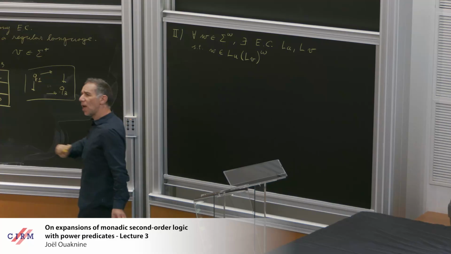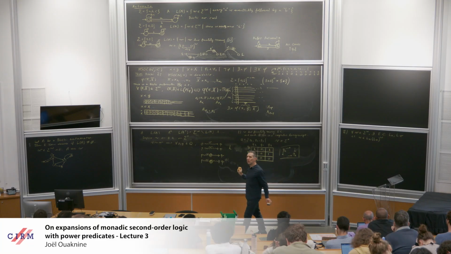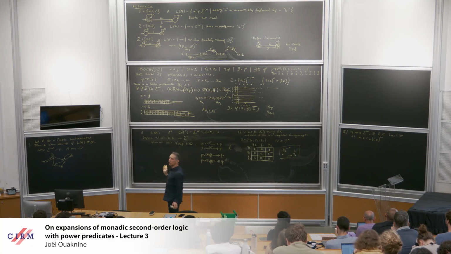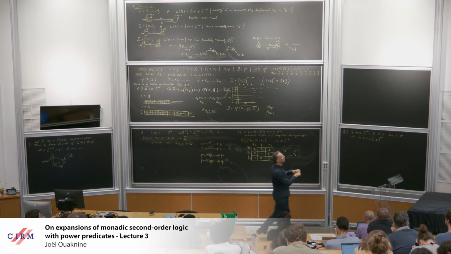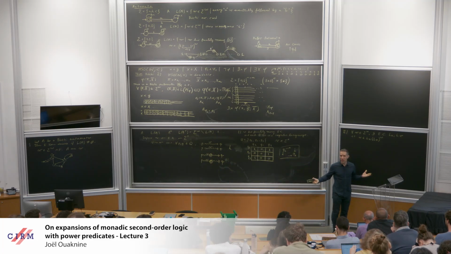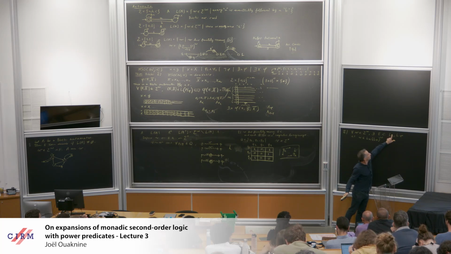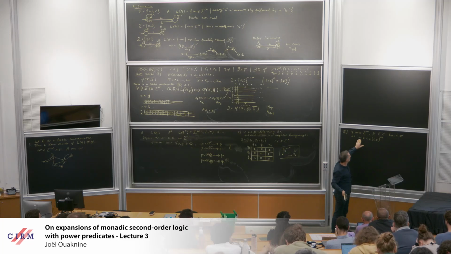Okay, so I'm saying take any infinite word, whether it's accepted or not by the automaton, and actually for this word, there will exist equivalence classes. I have finitely many equivalence classes. I still have my automaton there. So there will exist equivalence classes LU and LV, this is represented by U, and this is represented by V, such that W belongs to LU followed by LV to the omega.